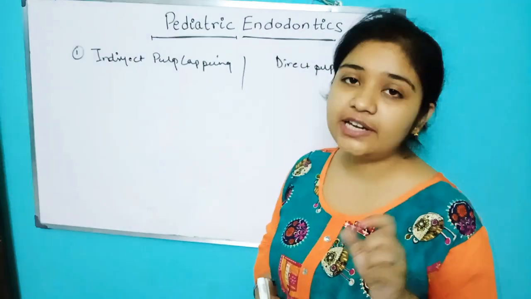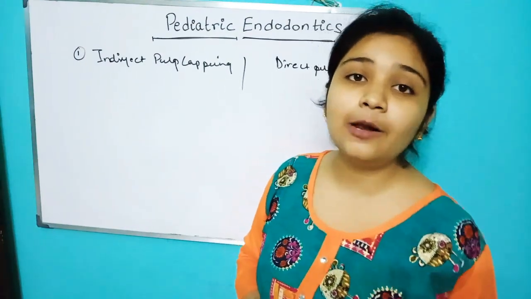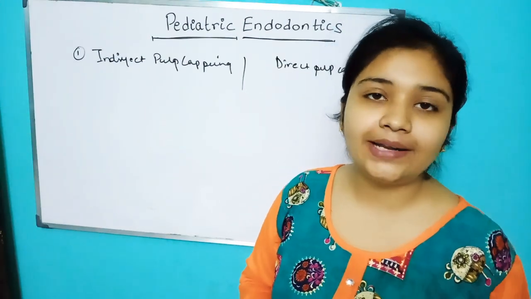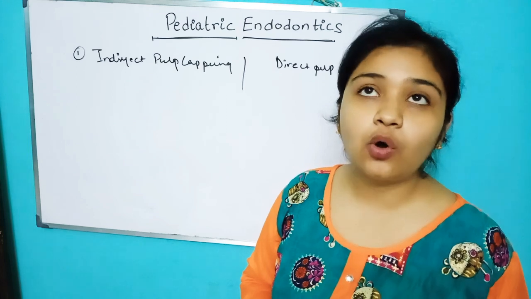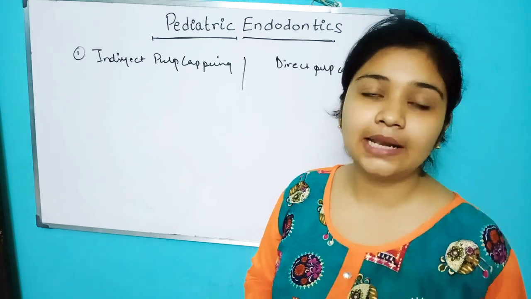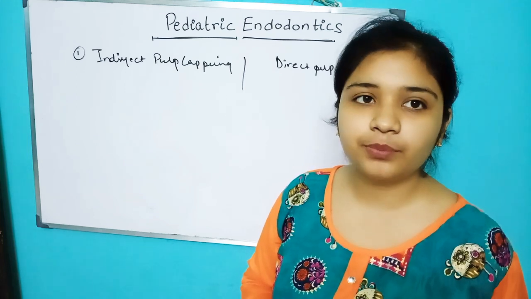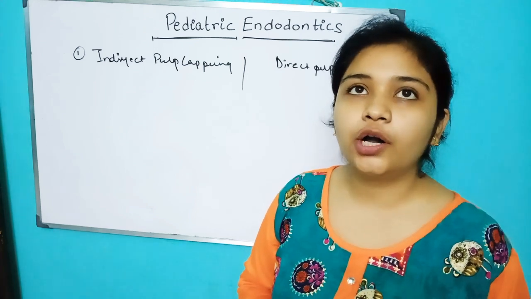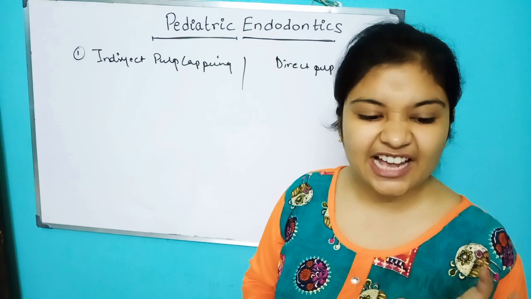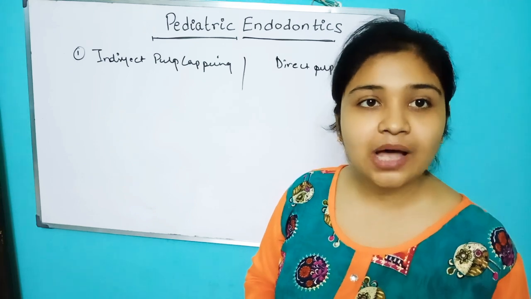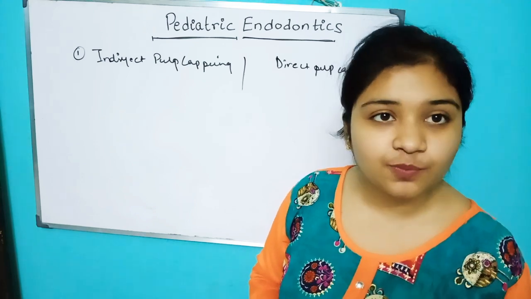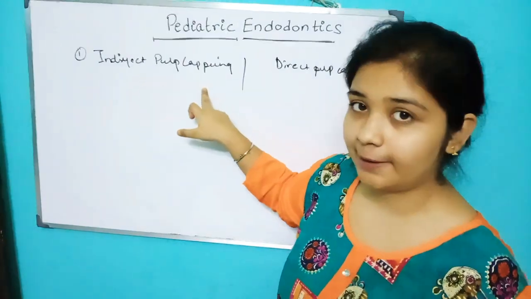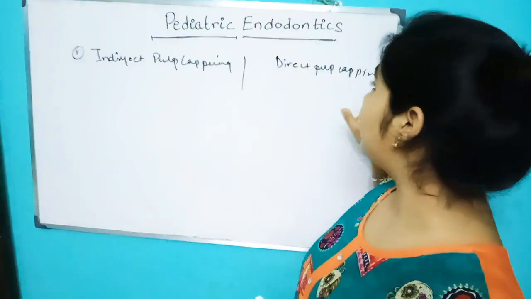Indirect pulp capping takes place when the pulp is exposed in a big manner, like in trauma, when the tooth broke down, or in many cases during surgery, or due to some exposure that causes bulk pulp to be exposed. There we do indirect pulp capping. And what is direct pulp capping?